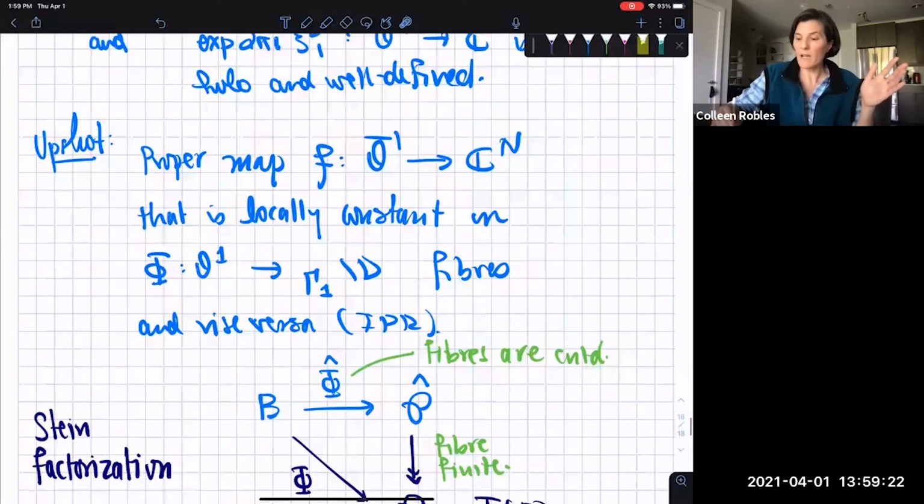That's an inconsistent notation. But to do that, I just take the Stein factorization of this map. And then the infinitesimal period relation tells me that the fibers of this map, when restricted to the intersection with B, are the same as the fibers of this map. And that gives the proper holomorphic equivalence relation that we need.